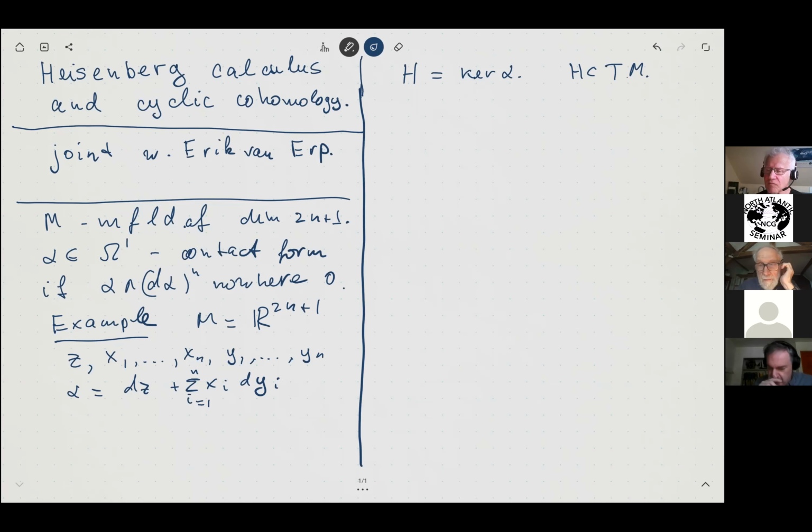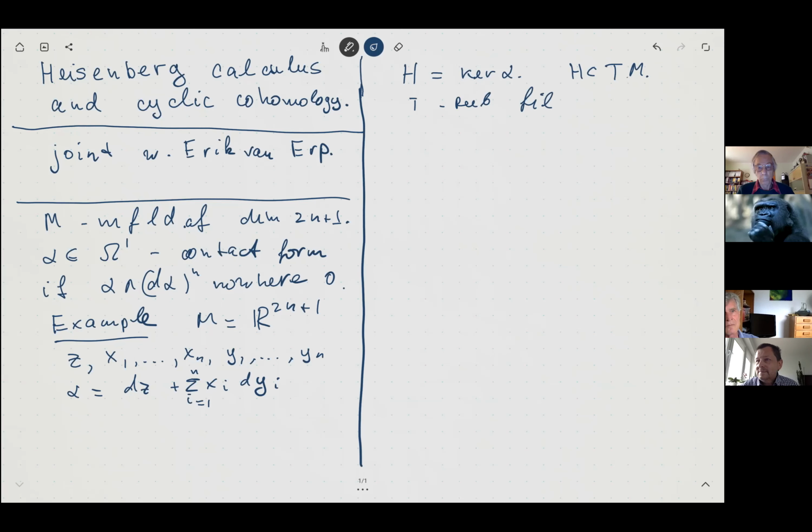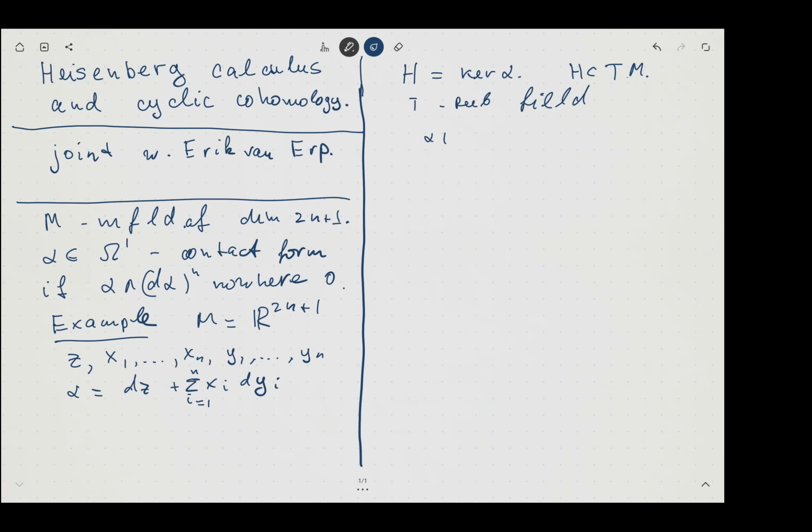And a vector field T, which is called the Reeb field, which is defined uniquely by requiring that alpha on it takes value 1, so it's transversal to H, and substituted into the form d alpha, it would give 0.